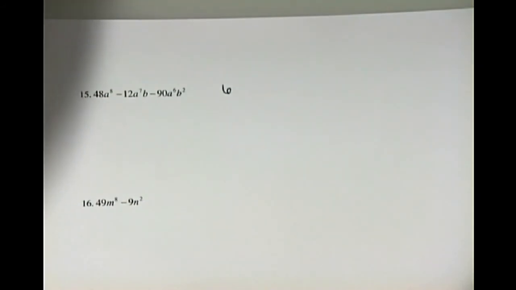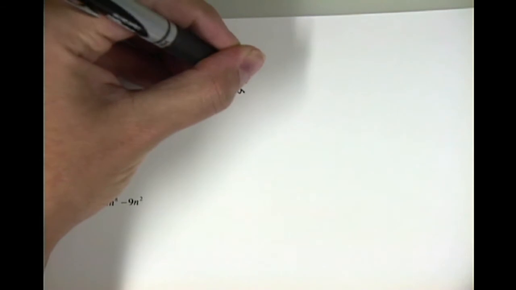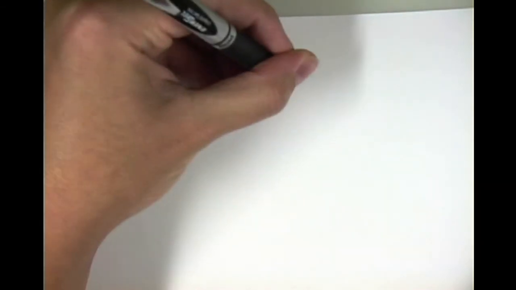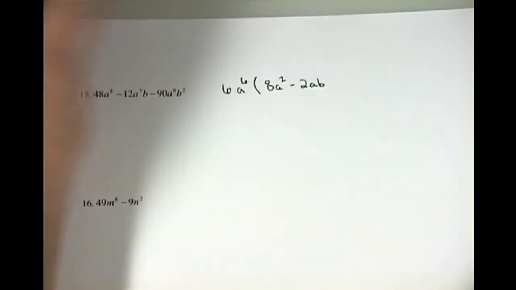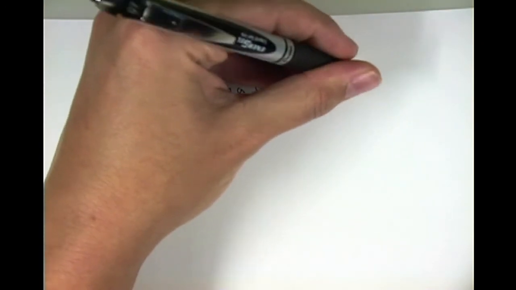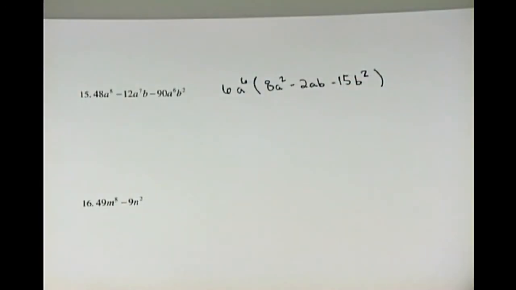So 48, 12, and 90 have 6 in common. And while I'm at it, I'm going to factor out an a to the 6th power. That's the smallest power that I could factor out. When I do that, I'll have 8a squared minus 2ab minus 15b squared left.